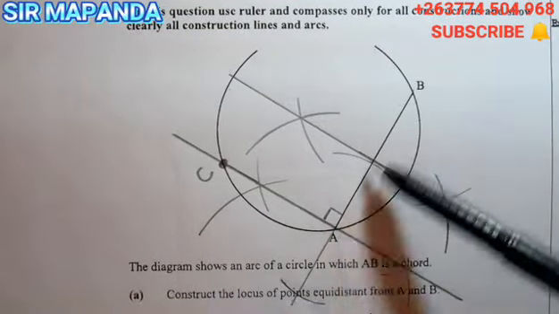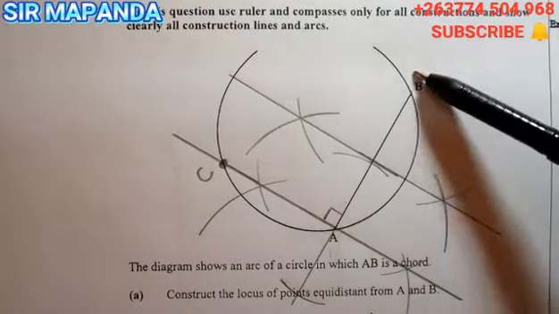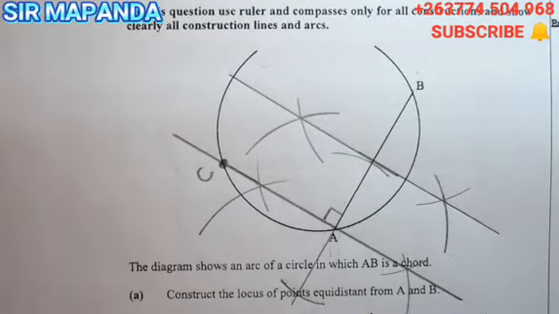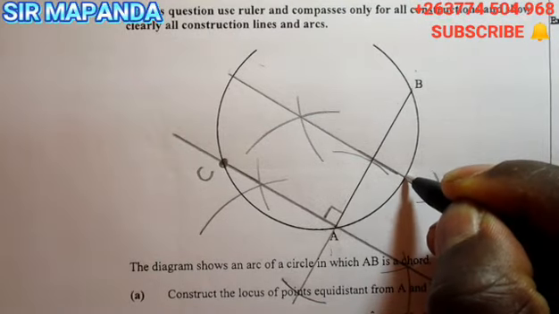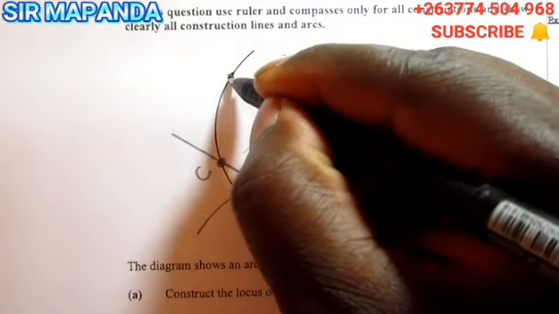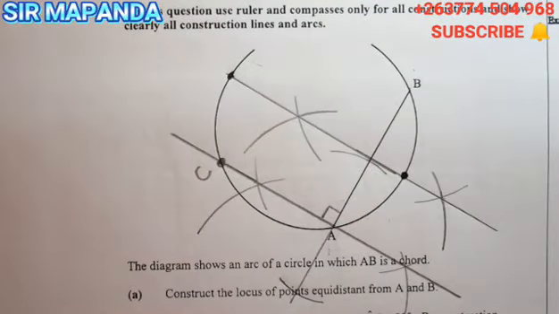This perpendicular bisector of AB, this one, is passing through the center of the circle, right? So radius means half of diameter. So I'm going to measure the diameter of the circle from this point here up to this point. Then I divide my result by 2.